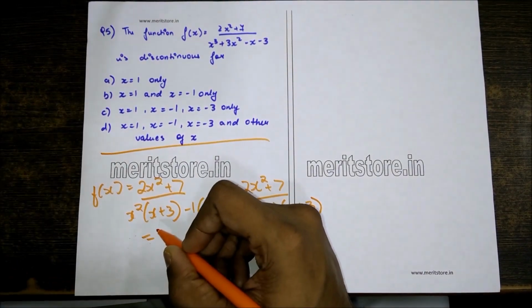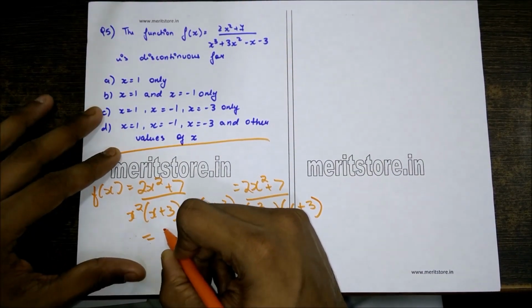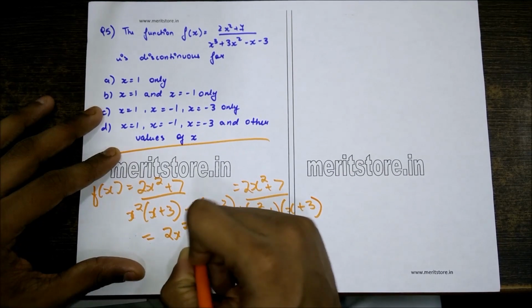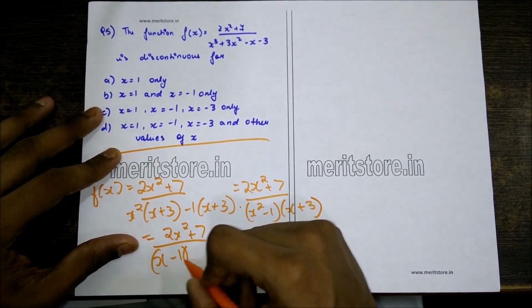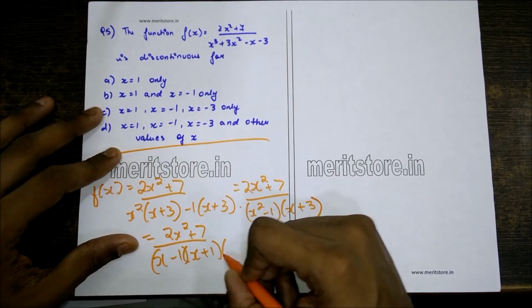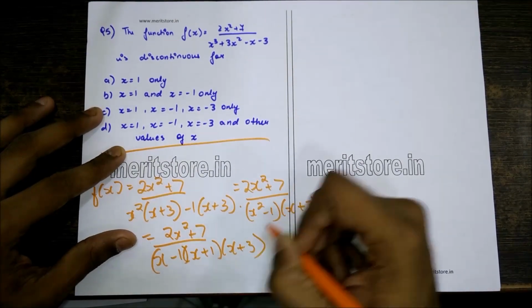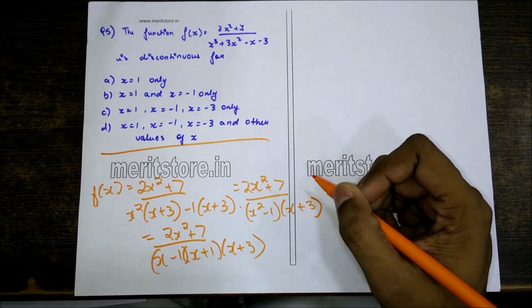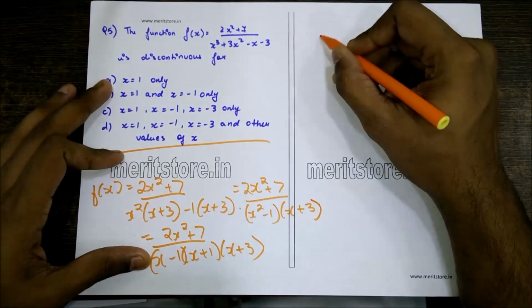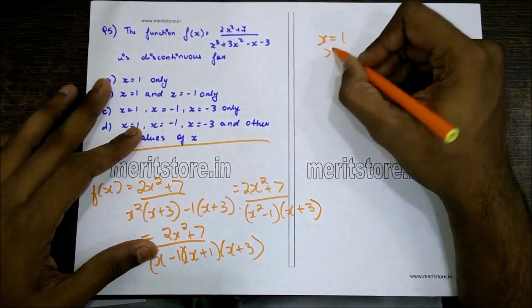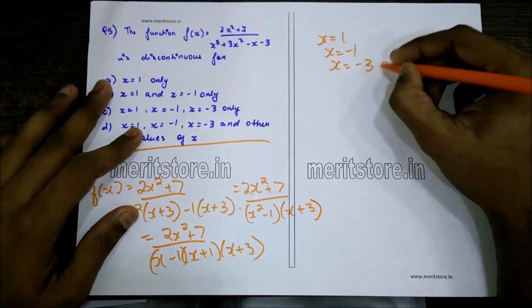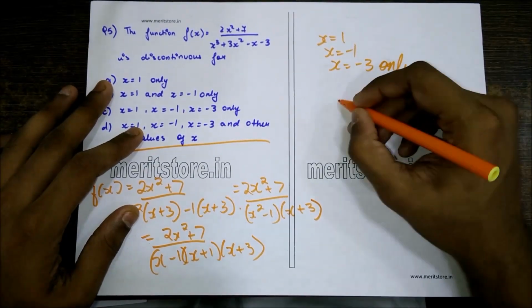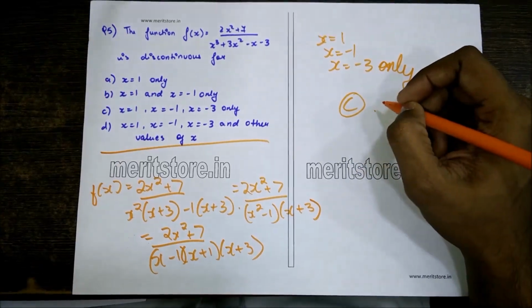So therefore it's equal to 2x square plus 7 upon x minus 1 into x plus 1 into x plus 3. Hence the points of discontinuity can be written as x is equal to 1, x is equal to minus 1 and x is equal to minus 3 only, which is option C.